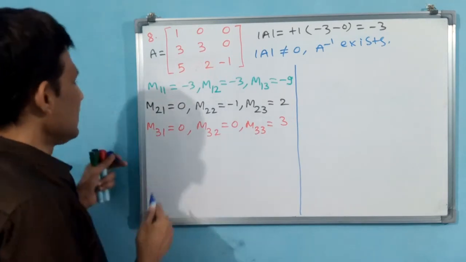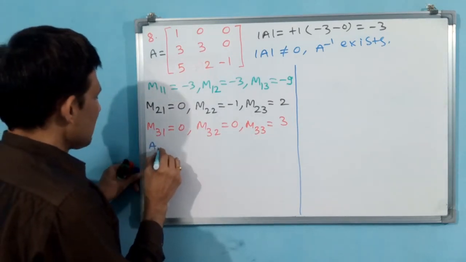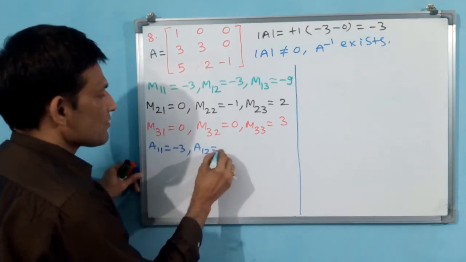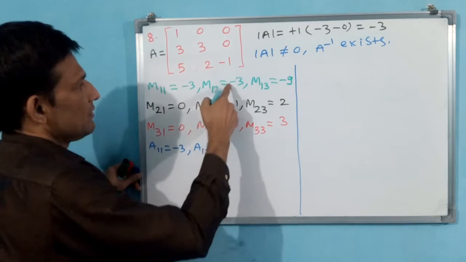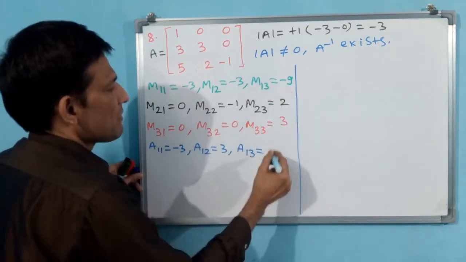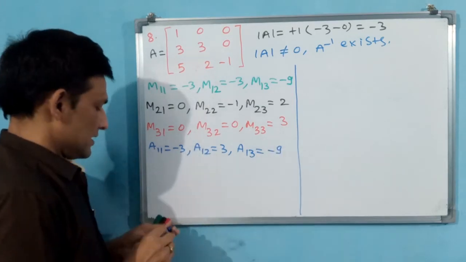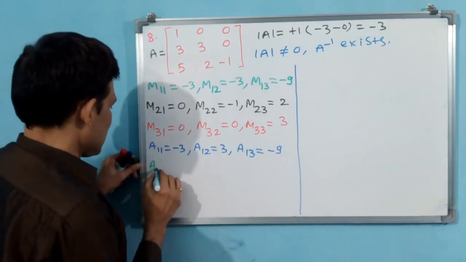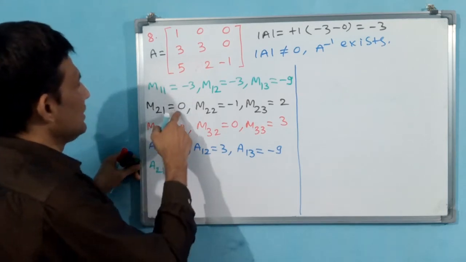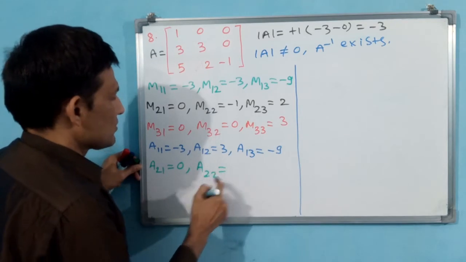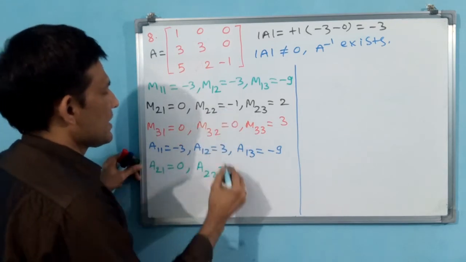A11, A12 and all. Find A11. A11 same symbol, that means -3. A12 change symbol, +3. A13 same symbol, -9. Now take A21. A21 change symbol, 0. A22 same sign, -1.